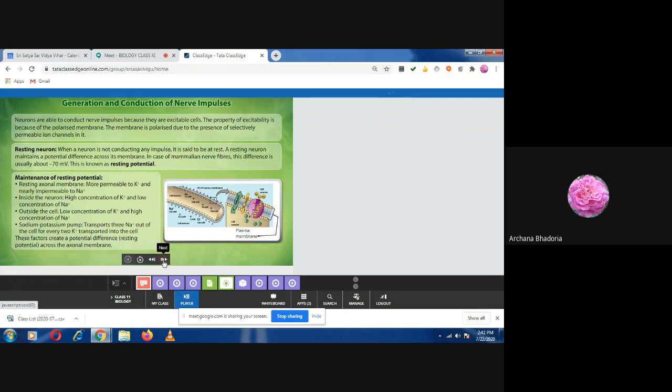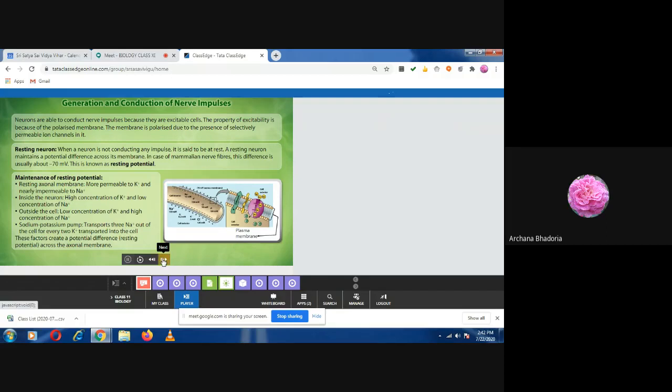Yes, Devratna? The transfer of the impulse from one nerve cell to the other takes place at the synapse. In which form does it take place? In the chemical form. Okay, in the electrochemical form, we say. What is that chemical called?